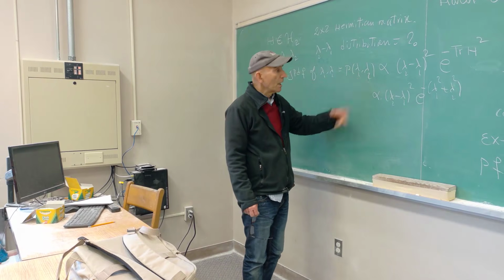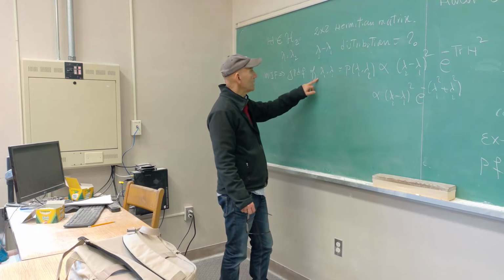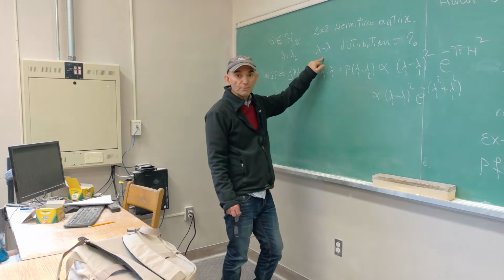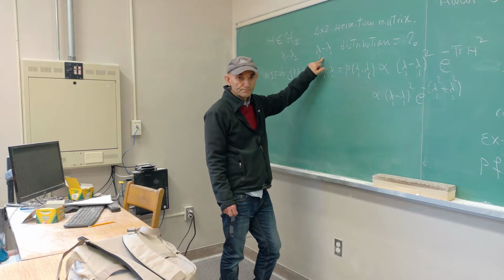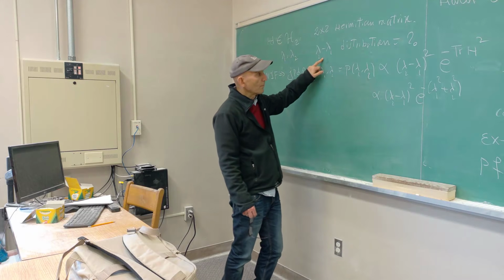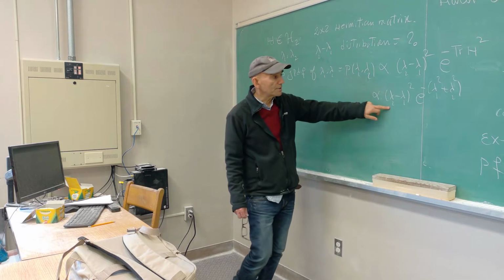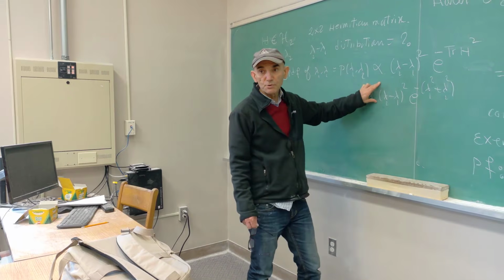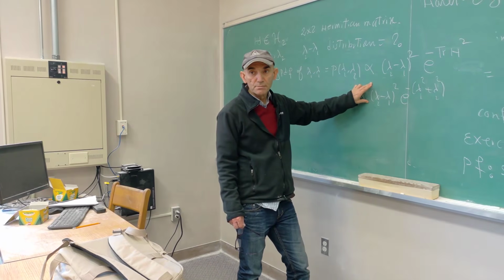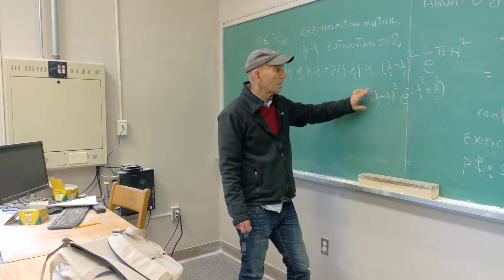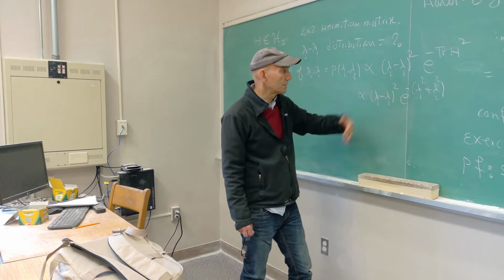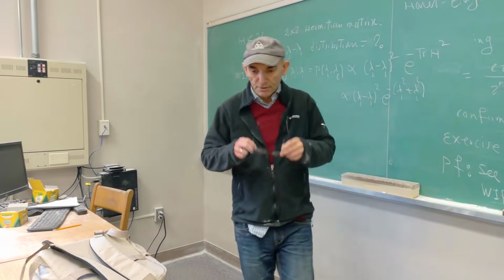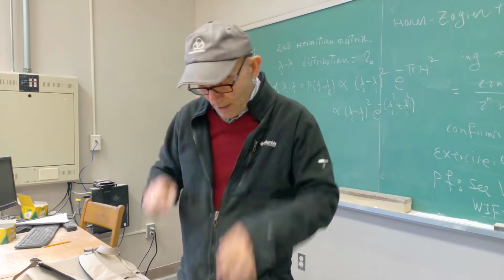And we want to find the distribution function of lambda 2 minus lambda 1. But the problem with this formula is that lambda 1 and lambda 2 are not independent. And it looks like a difficult thing to do.